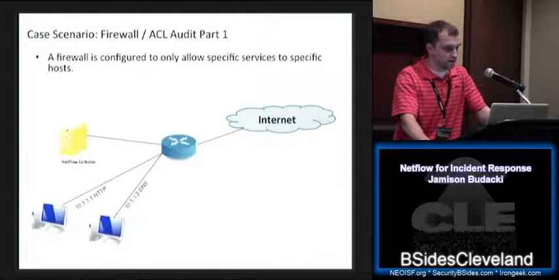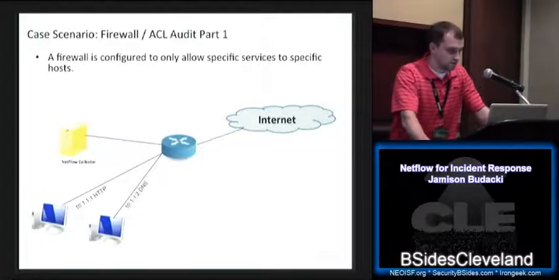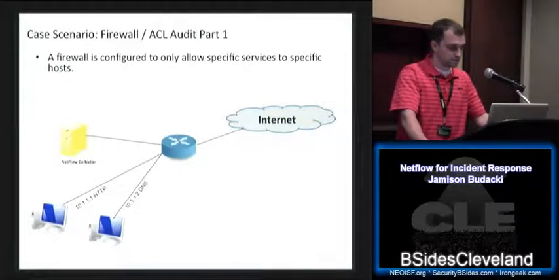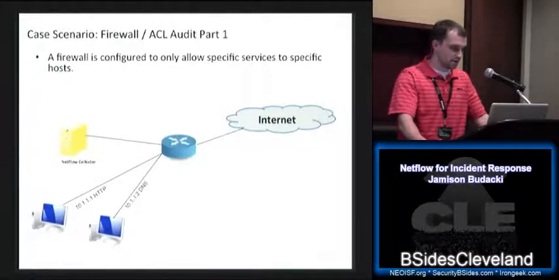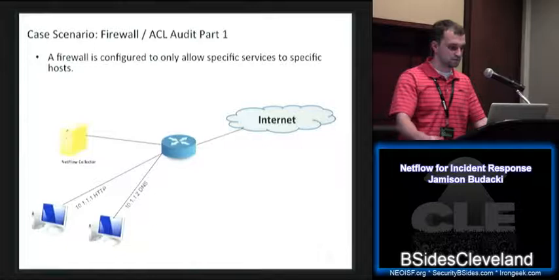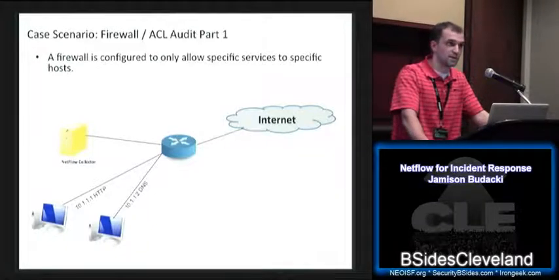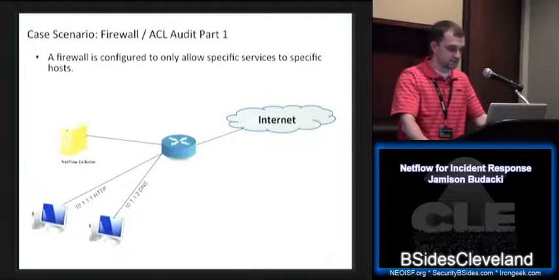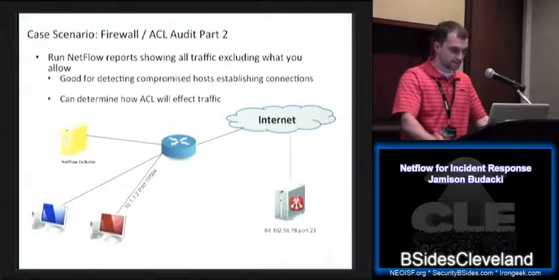So firewall and ACL audit. NetFlow can be used to validate traffic flow from one area of your network to another for policy reasons. Think about data center to internet traffic, or traffic that is subject to regulatory compliance such as HIPAA or PCI. Obviously a firewall is configured to only allow specific services on specific ports.